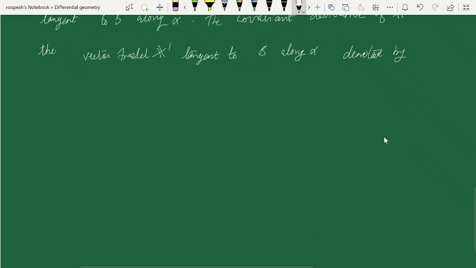How are we defining it? As I said, we have to delete the normal component. So x dash of t should be equal to x dot of t minus the normal component, that much times n of alpha of t.